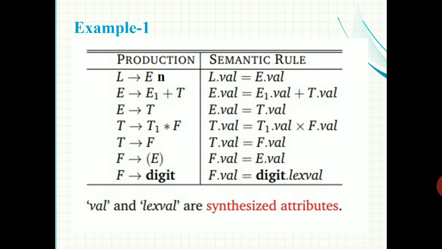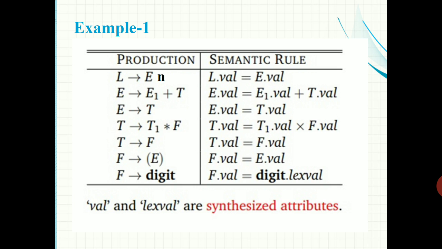In the case of lexval, it means lexical value. The lexical value is produced by the first phase of the compiler, that is the lexical analyzer. That may be a constant or some attribute. Here we are mentioning it as a digit.